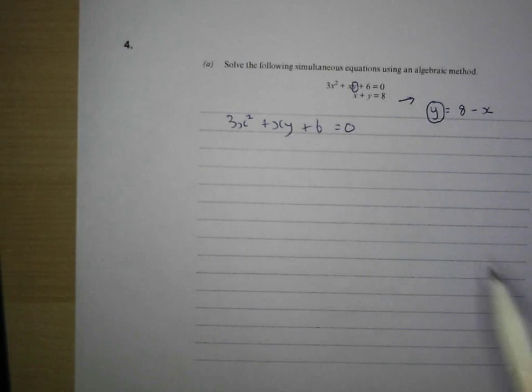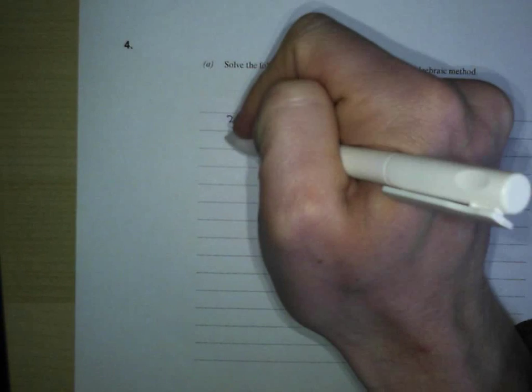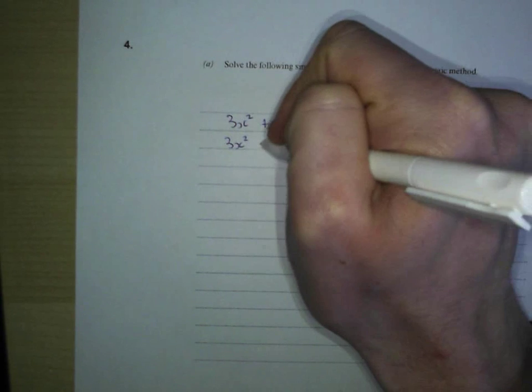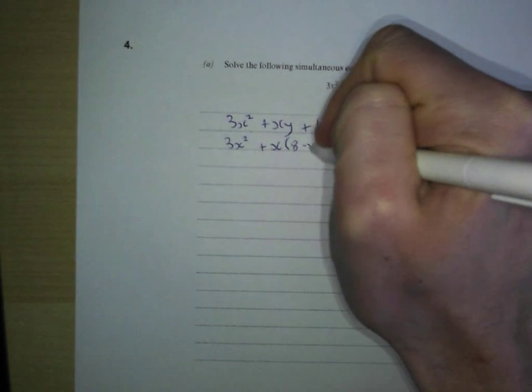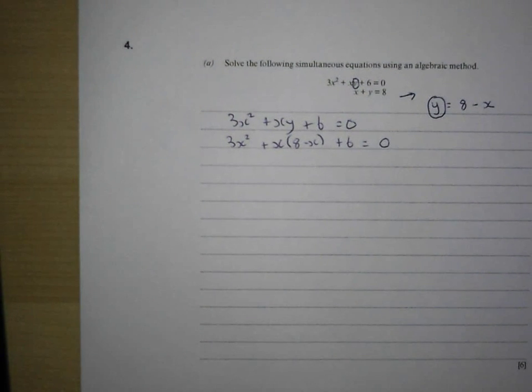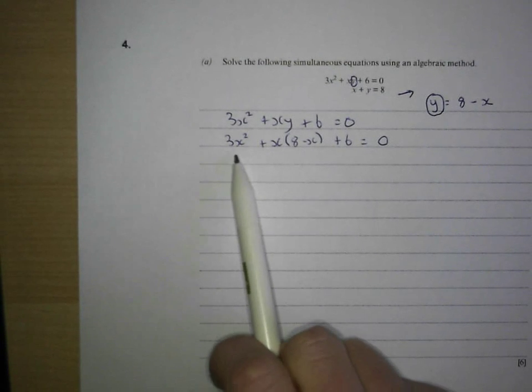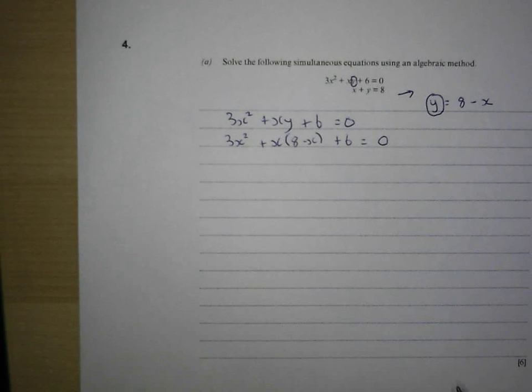So let's replace this y with an 8 minus x. So I end up with 3x squared plus x, but instead of writing y, I'm going to write 8 minus x, plus 6 equals 0. Now that looks horrendous, but the good news is I've now got a quadratic equation where the only letter in it is x. So I can solve that.